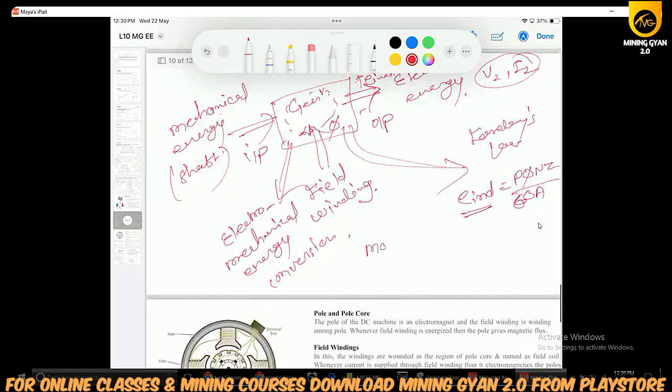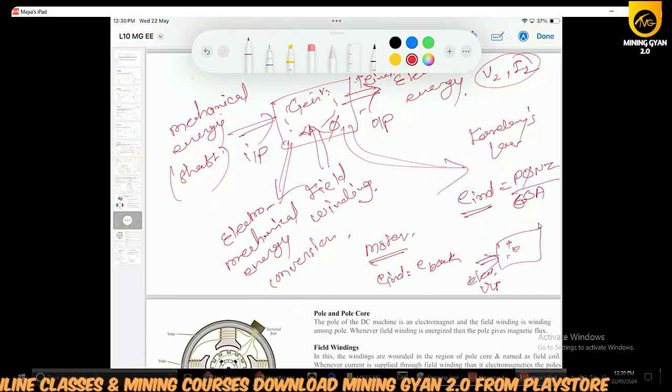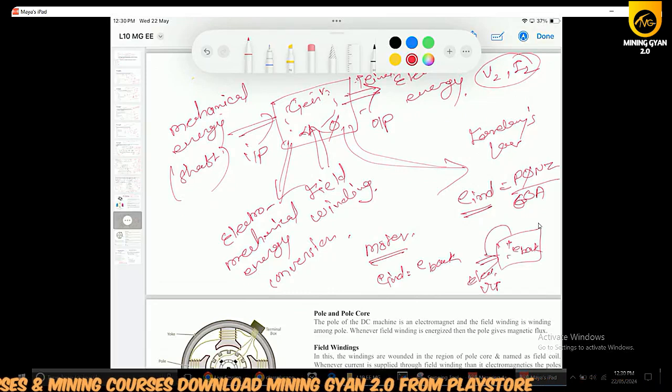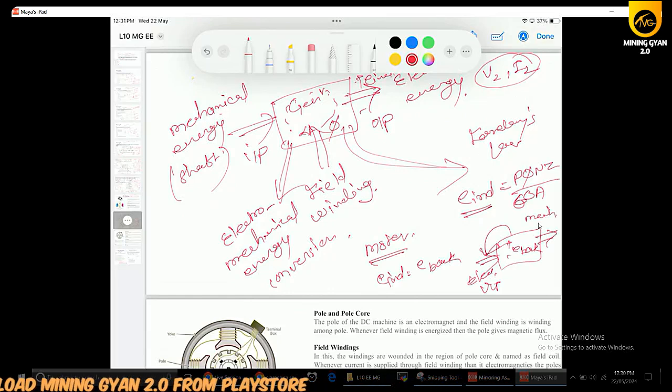But in case of a motor, the induced EMF is called back EMF because it will oppose its cause. In a motor we are supplying electrical energy at its input side, so back EMF will be generated that opposes its cause, such that there will be rotation of the rotating parts, and you will get mechanical output such as torque.